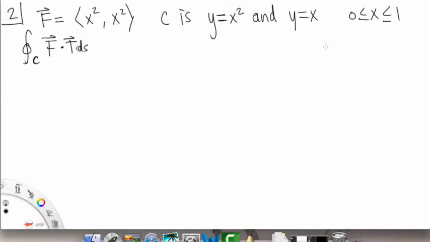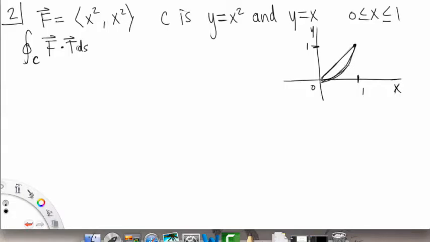So let's look at the curve. We have our x and our y, and here's 1, and here's 1. So this is (1, 1), and this is 0. The curve is made of two separate functions that intersect at 0 and 1. This is the y equals x line, and this will be y equals x squared.